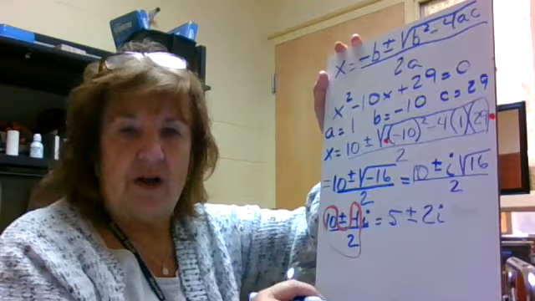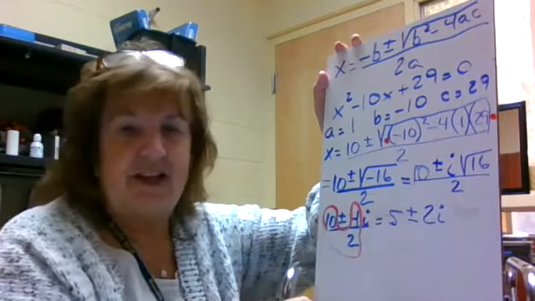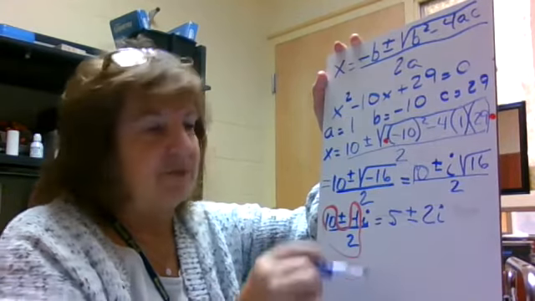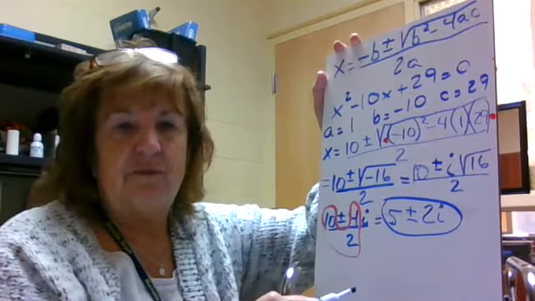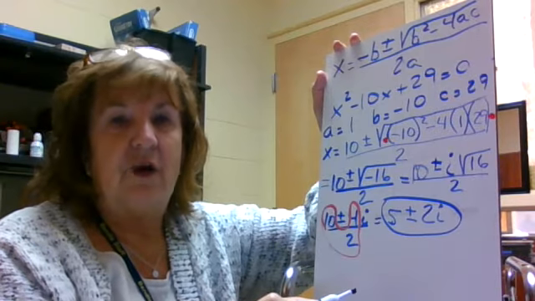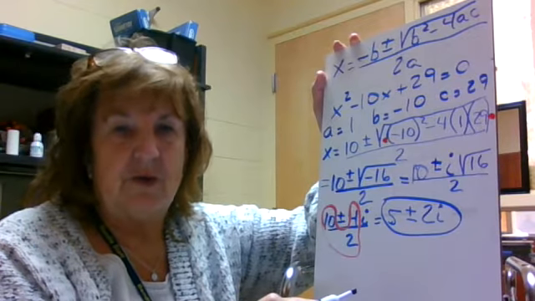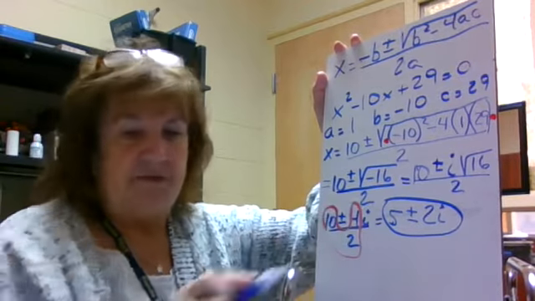And then you can put the 1 underneath if you want, but 2 divided by 2 is 1. And since it's on the bottom, we don't need it. So this is the answer to problem number 5 on the quadratic formula and discriminant worksheet number 2. This is number 5.